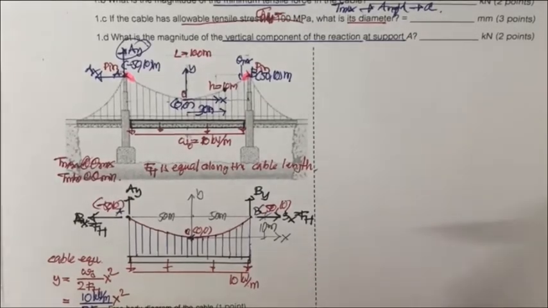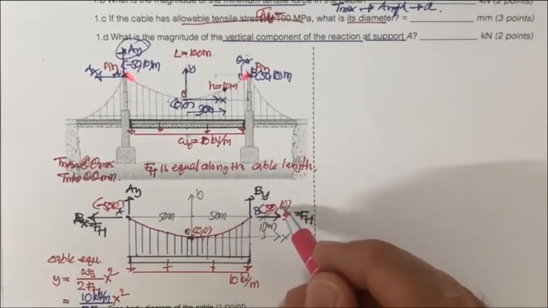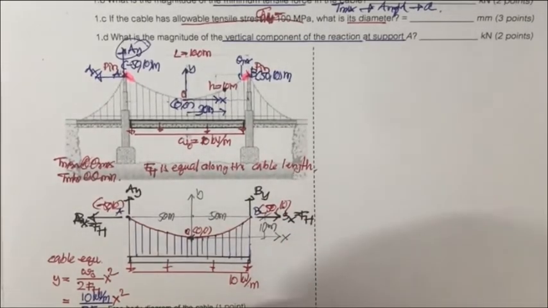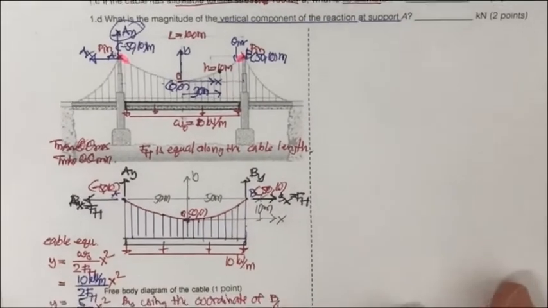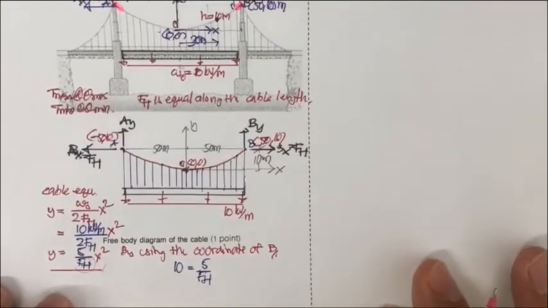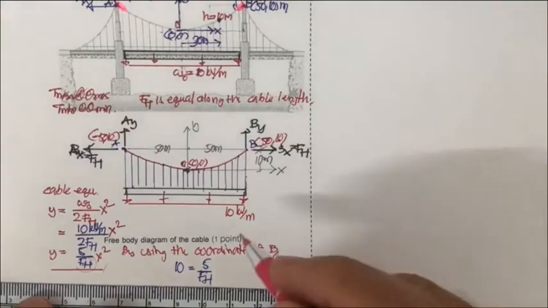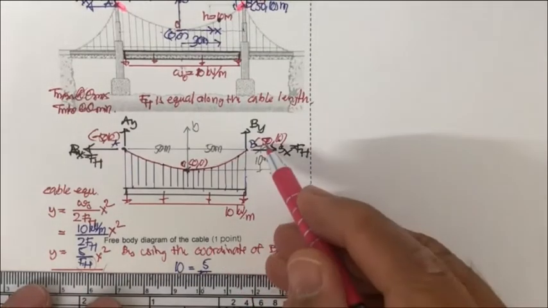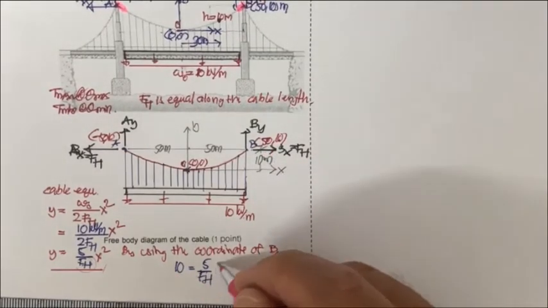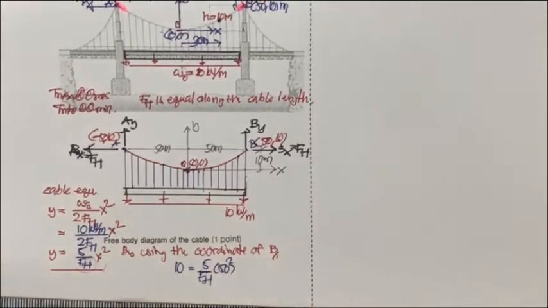Of B, okay, we may have y of 10 equal to 5 over F sub H, sorry for that, 5 over F sub H, and what we have is that x squared is going to be 50 squared.